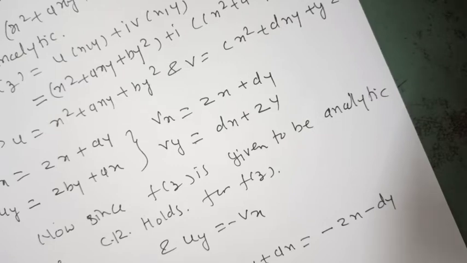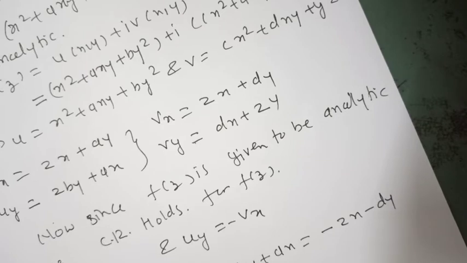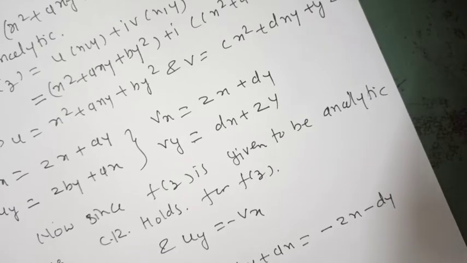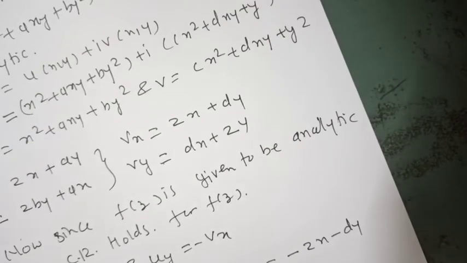2 minus d into x equals a plus 2y, and twice b minus d into y plus dy equals minus 2x minus a into x.